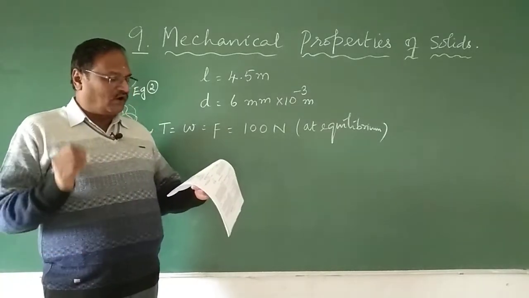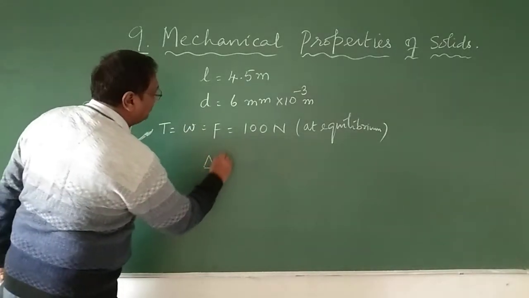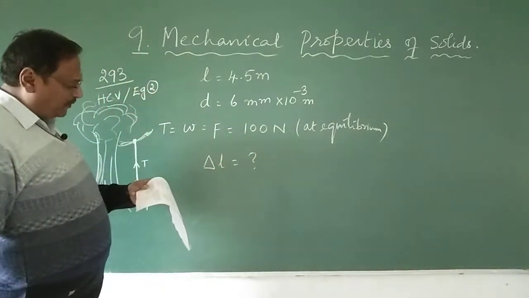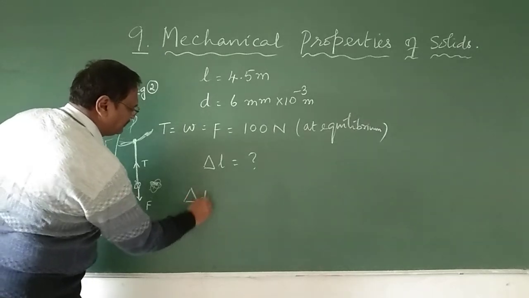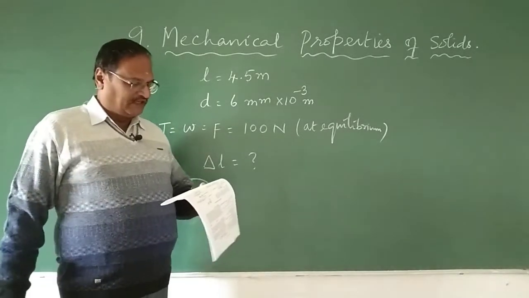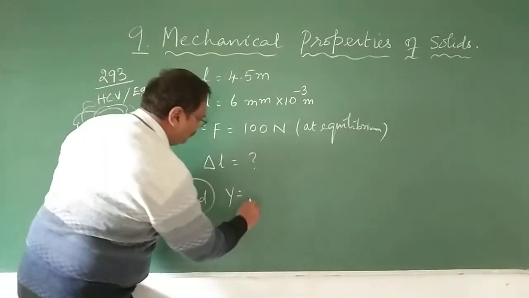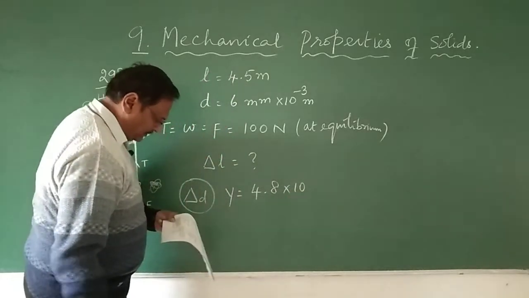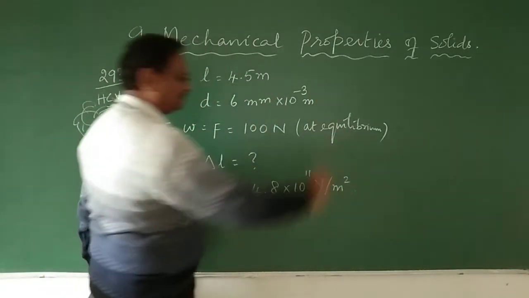This is the next step. Find the elongation of the rope. Elongation, we know delta L is equal to how much, and the corresponding change in diameter I will discuss in the next point. First we will take delta L. If Young's modulus of nylon is equal to 4.8 into 10 power 11 Newton per meter square.